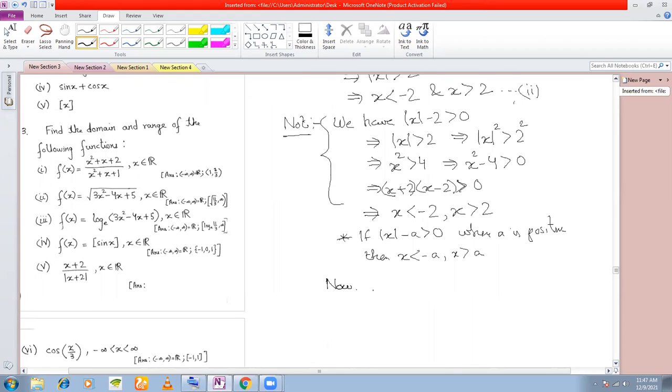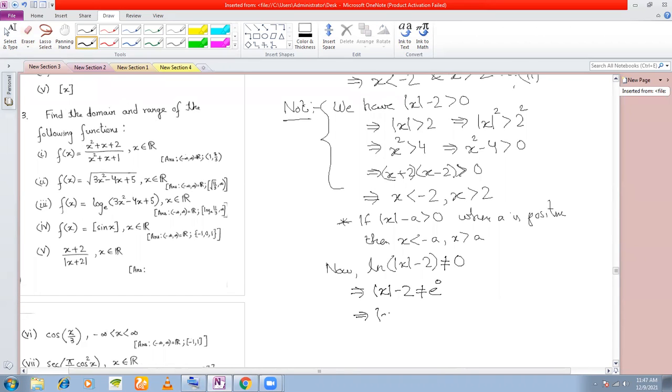Now, ln mod x minus 2 cannot be equal to 0. We'll find those values for which it is not equal to 0. Okay, so that means you get here mod x minus 2 is not equal to e to the power of 0, because the base of the log is e.